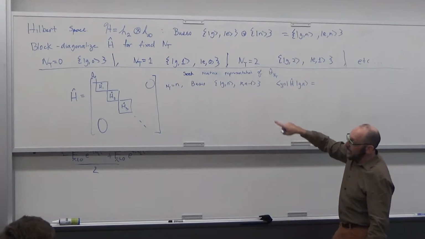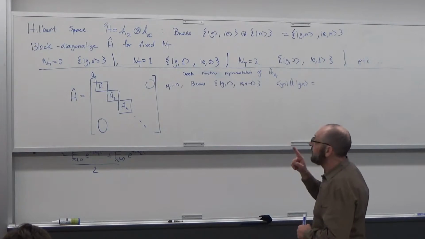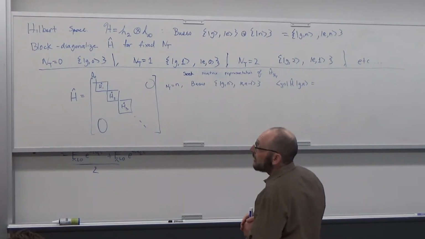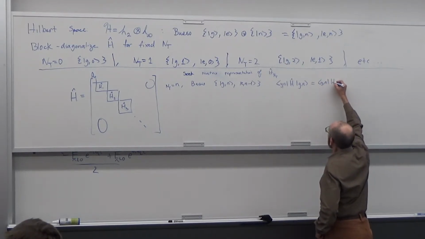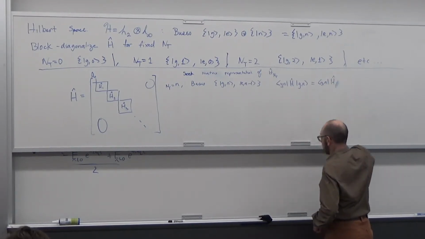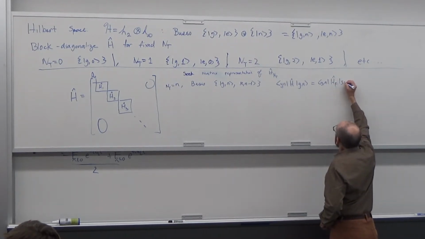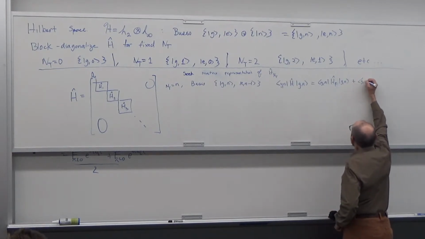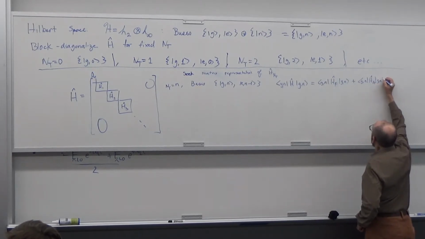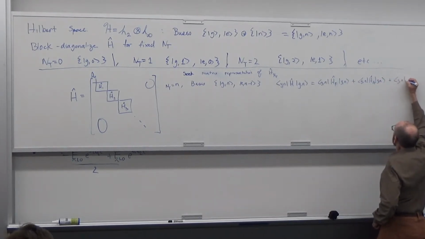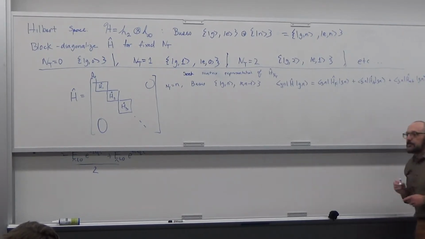Firstly, we have the field term, right? So what does the field contribute? This is the field, and the atom, and the interaction. I have to calculate the matrix elements of all three terms.